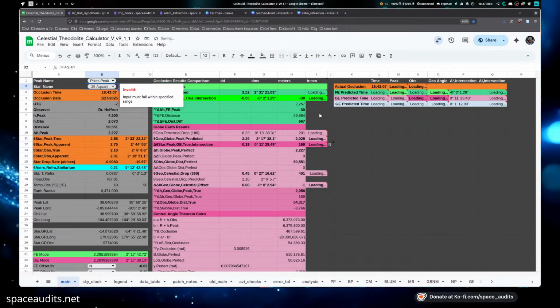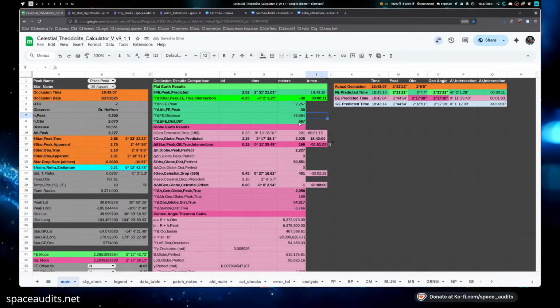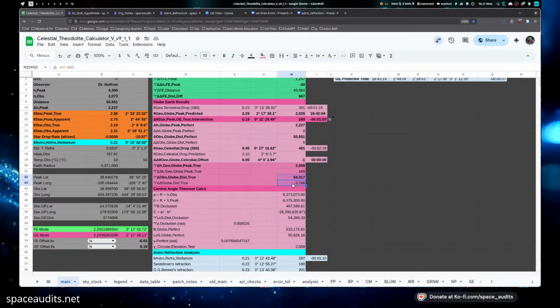So, real quick about the analysis. Are there any questions about how we derive everything for flat Earth using the occlusion with respect to the peak, and how for the globe, who wants to be observer centric for everything, we go with where the true position is with respect to the observer's location at the time of occlusion?